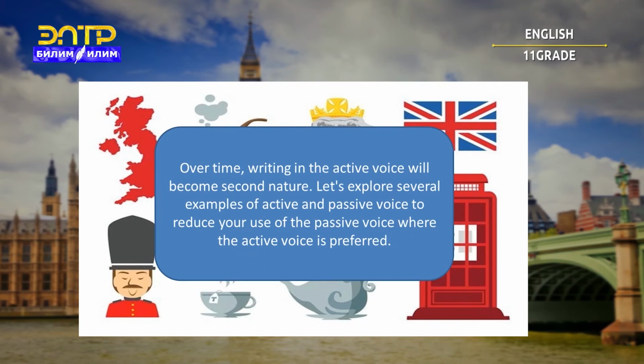Over time, writing in the active voice will become second nature. Let's explore several examples of active and passive voice to reduce your use of the passive voice where the active voice is preferred.